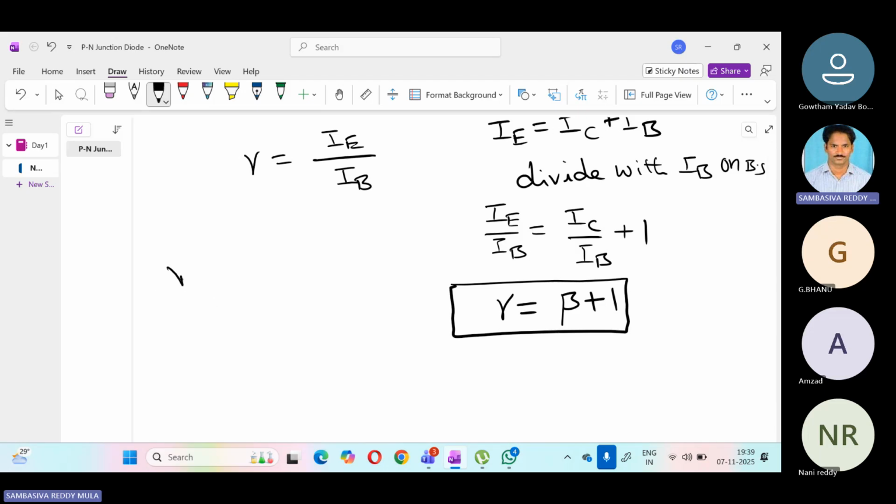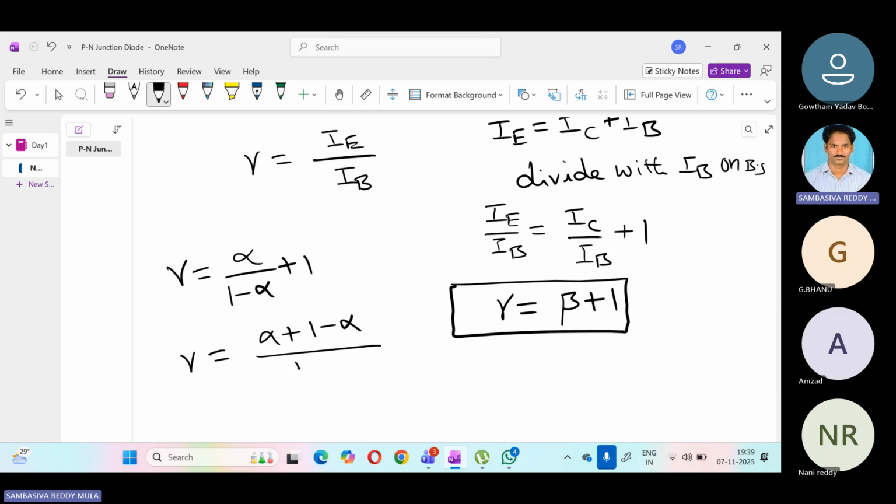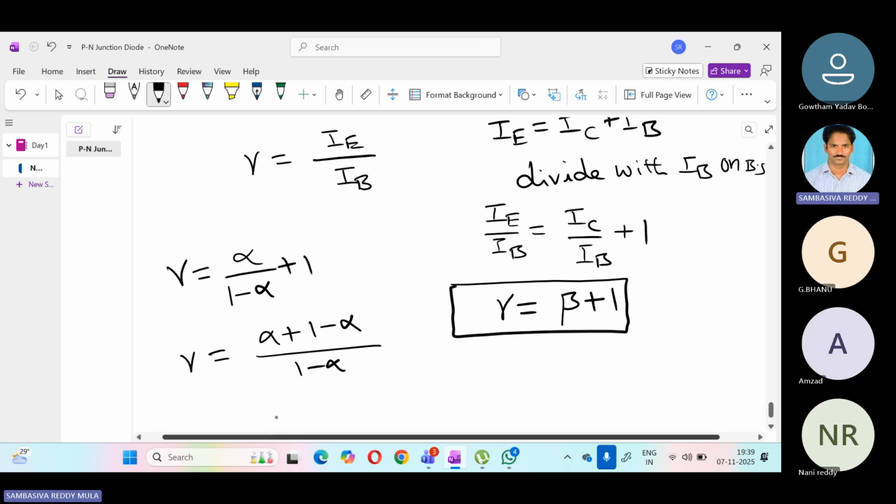So if you want the relationship between gamma and alpha, what is beta in terms of alpha? Alpha by 1 minus alpha. Alpha by 1 minus alpha plus 1 is gamma. So what is gamma in terms of alpha? Alpha plus 1 minus alpha divided by 1 minus alpha. Plus and minus cancel.